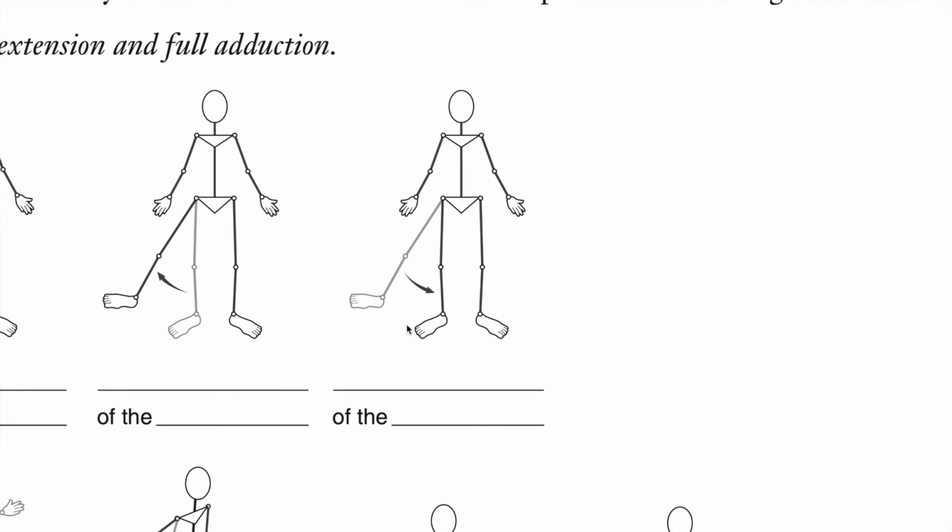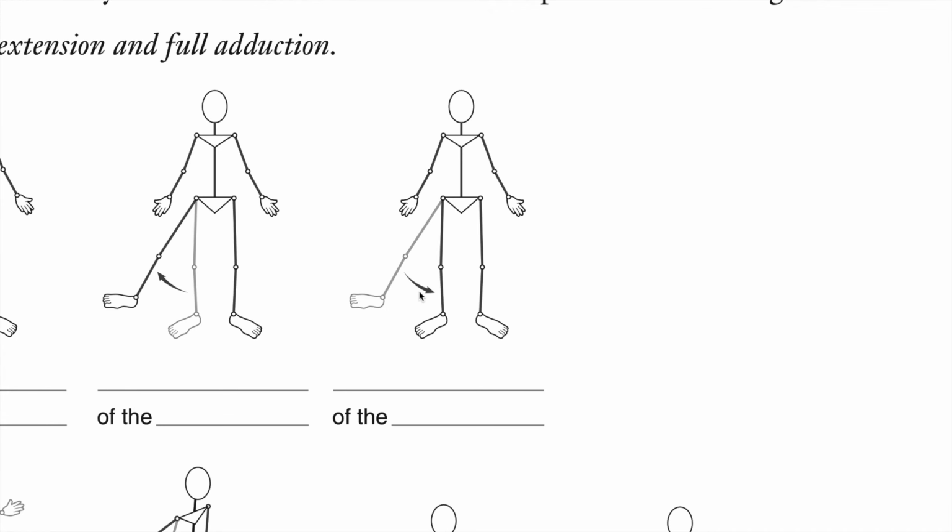So my full credit answer would be adduction, because we're adding back to the midline, adduction at the right hip. Now, if you were to use "of the," you would say adduction of the right thigh. And it's because this part of the lower extremity is connected to where that movement is occurring.